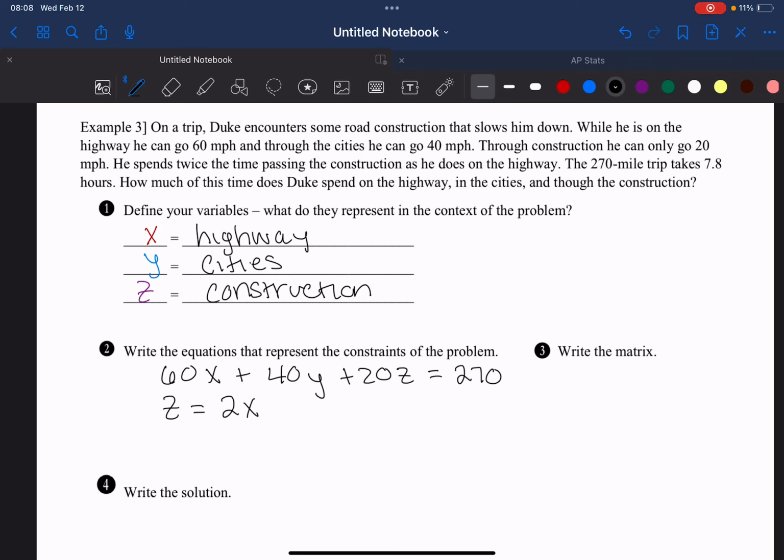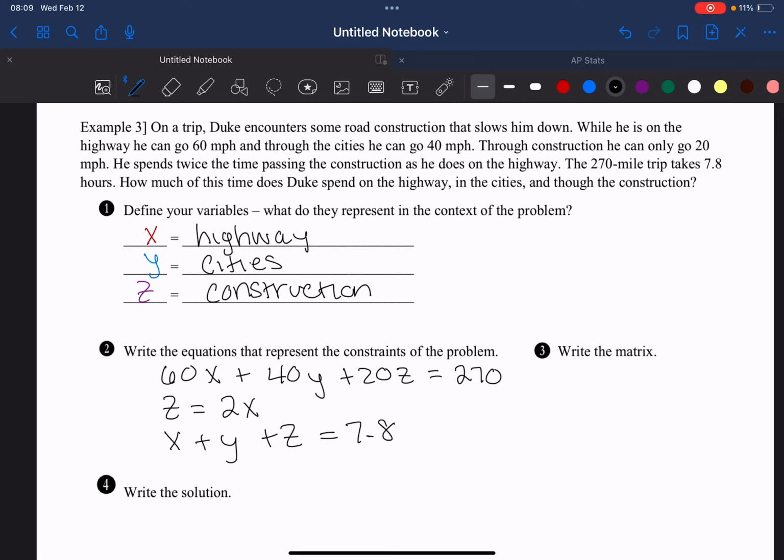And then it says it takes 7.8 hours, meaning to go through x plus y plus z, this is equal to 7.8 hours.